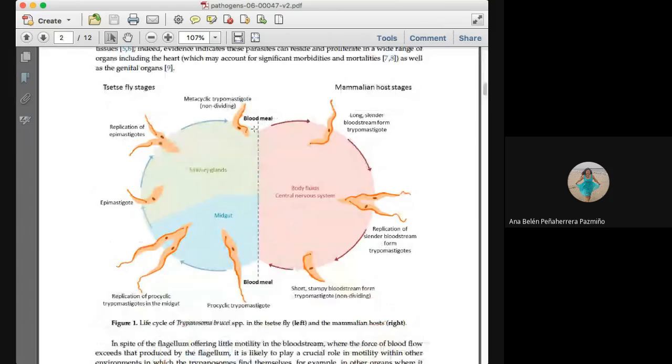This is the cycle of the trypanosome. These are the shapes that the parasite adopts in different fluids. For example, in the salivary glands, in the midgut, which is the medium intestine, and in the bloody fluids.